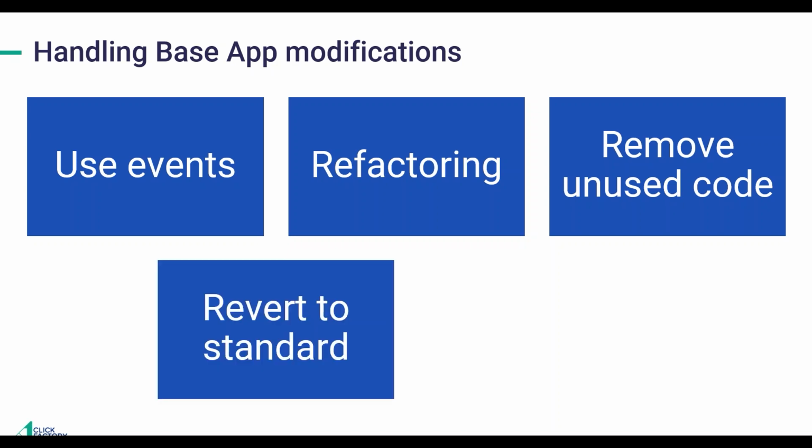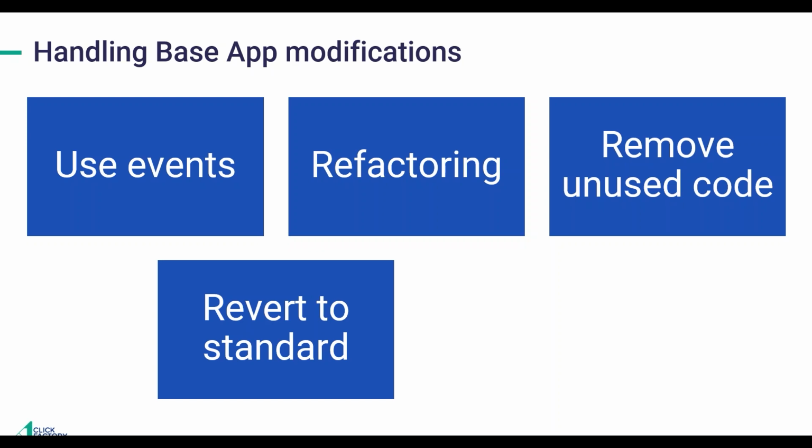Part of the refactoring would be revert to standard. I mentioned the keys already, and some other things like if you have commented out the standard code, these will never ever be moved to an event.